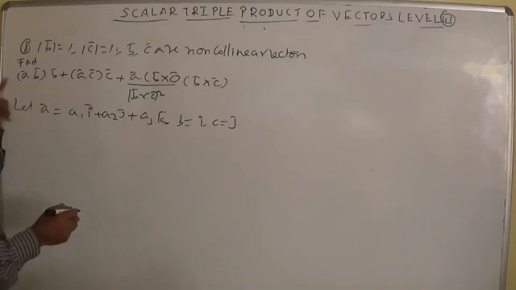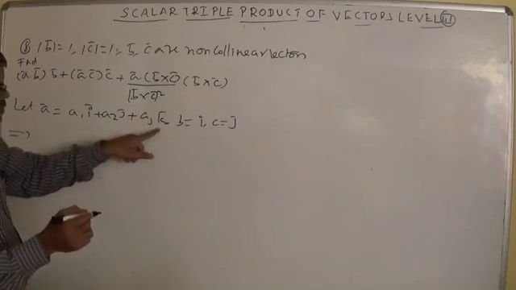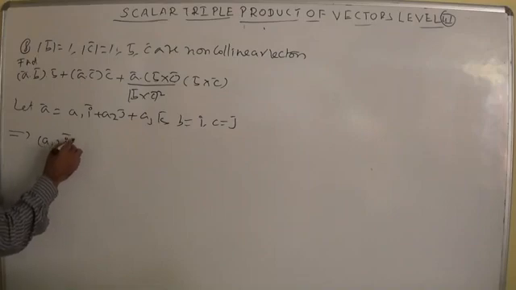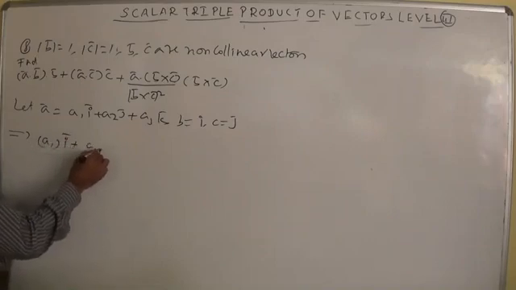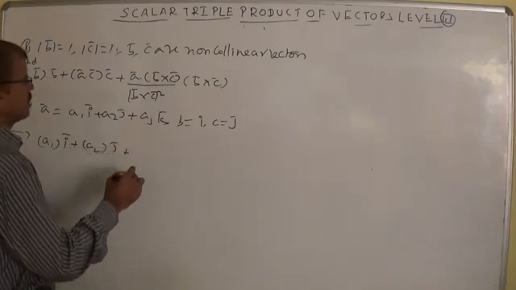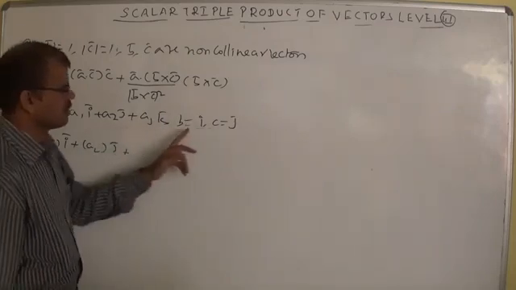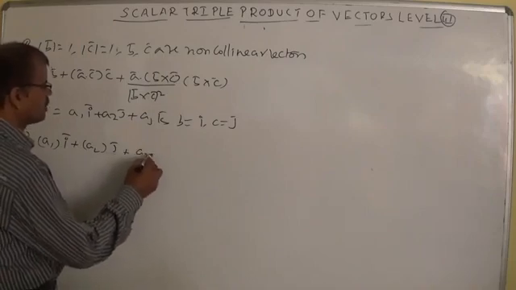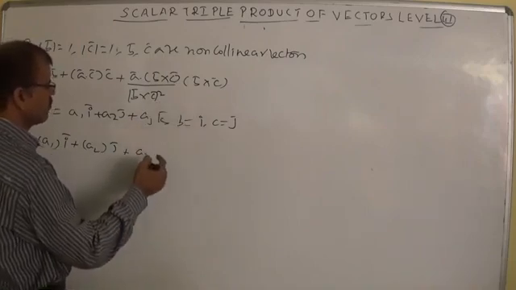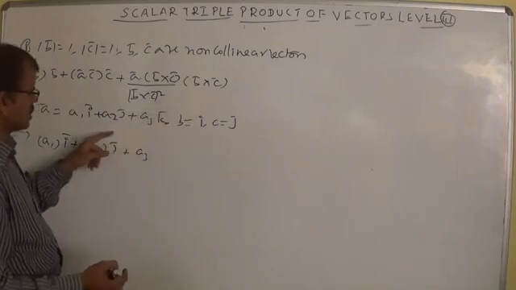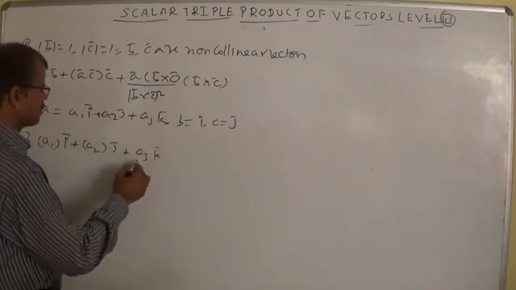Now A bar dot B bar into B bar: A bar dot B bar gives only A1, into B bar means i, plus A bar dot C bar into C bar, which is A2 into j, plus the box ABC, A dot B cross C. What is the value of B cross C? i cross j becomes k, so here you write A3 into the modulus of B cross C. The value of B cross C is i cross j, which is k, and modulus k squared is 1.